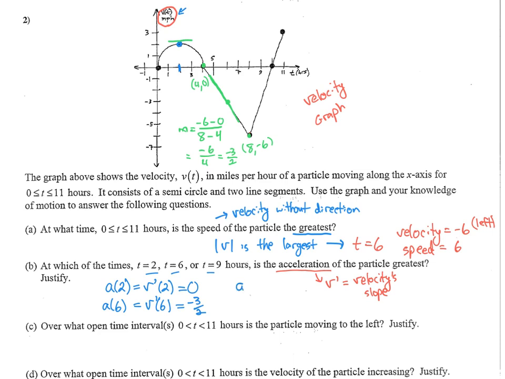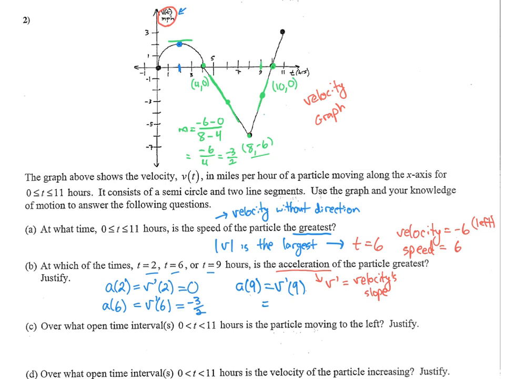And let's look at the last acceleration, the acceleration at 9 hours. So the acceleration at 9 hours is again the slope of the velocity at t equals 9. And then what we're going to do is go ahead and look at that particular spot on the graph. So t equals 9 is right there. And then we're looking for that slope. So this slope looks like it connects the points 8, negative 6, and this point right there, which is 10, comma, 0.